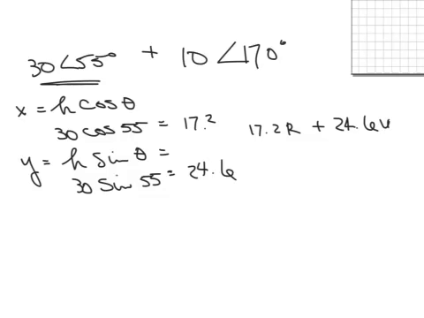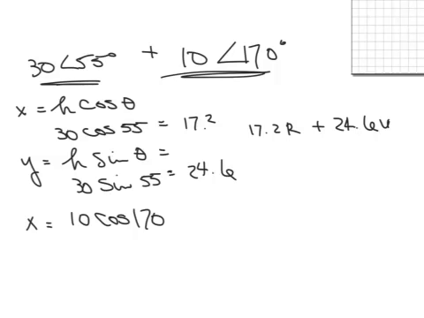So let's take this one here and convert that. My x is going to be h cosine of 170. And then our y value will be 10 sine of 170. So 10 cosine of 170 is going to be 9.84.